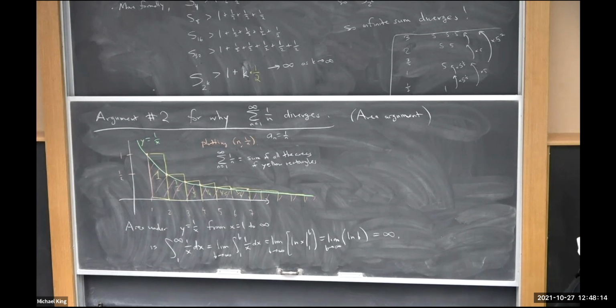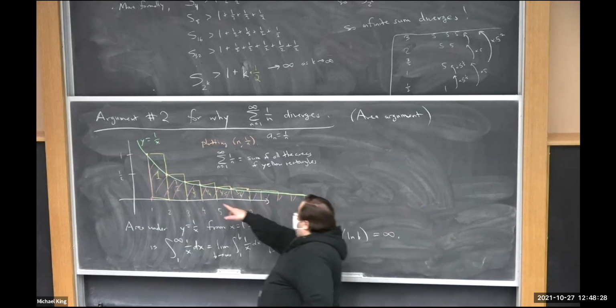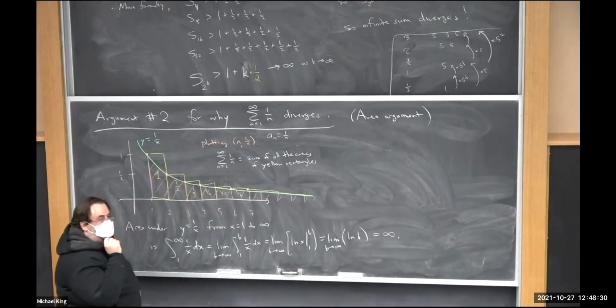But what about the yellow areas? How does the area inside the yellow rectangles compare to the area under the curve? Bigger or smaller? It's bigger, right? These are sticking up over the picture.